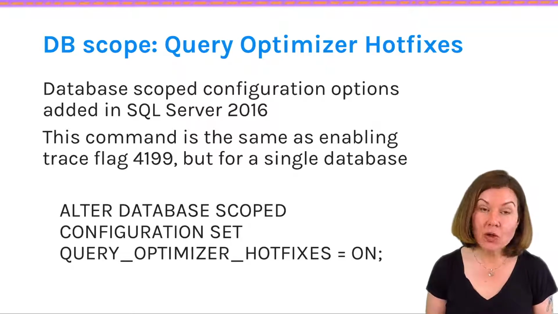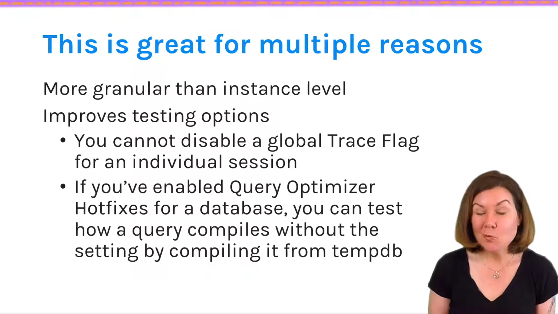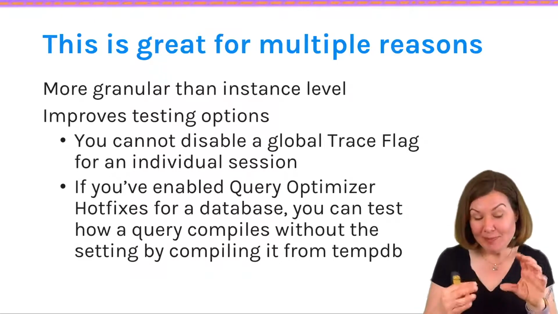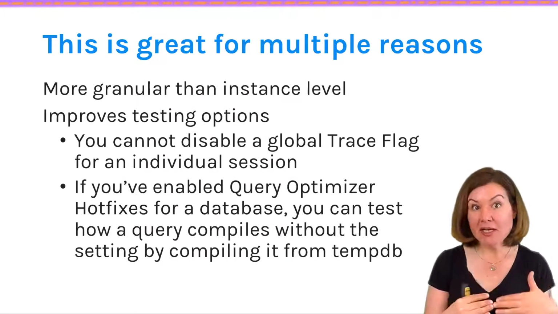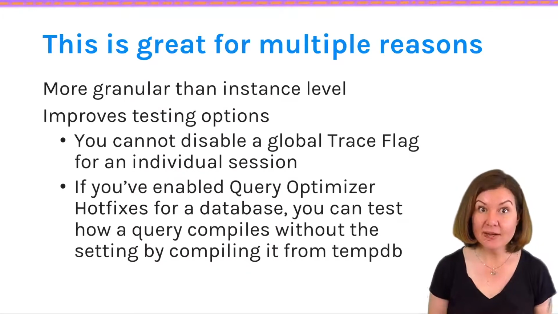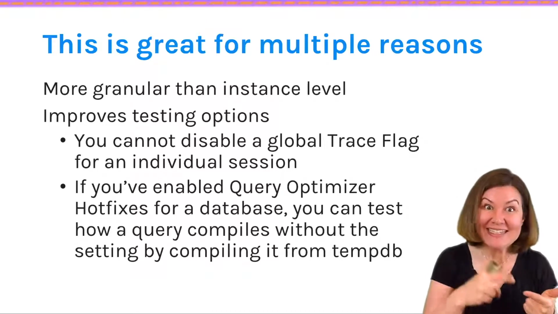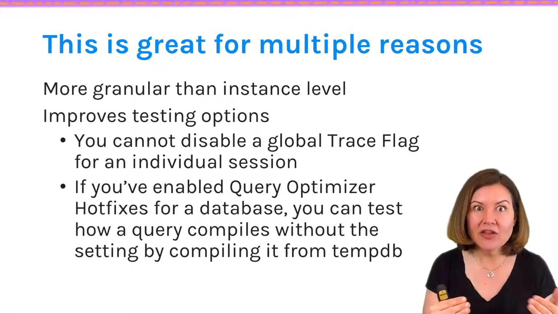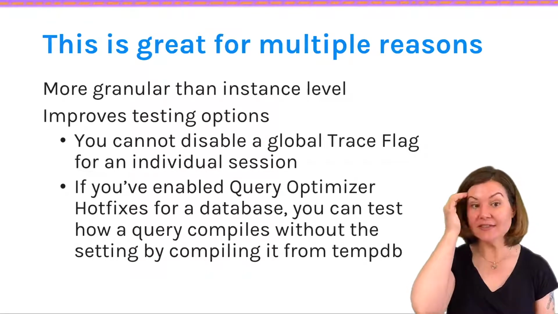And this is really cool that we can control it that way for multiple reasons. We may only need it in one database, right? And we may not want to risk possible query regression in other databases. So it gives us a way to not have to change the T-SQL to put a hint into all these different queries, and we still don't have to do it for the whole instance.